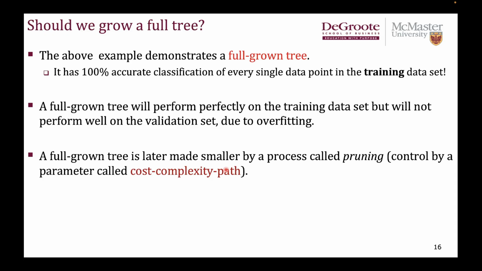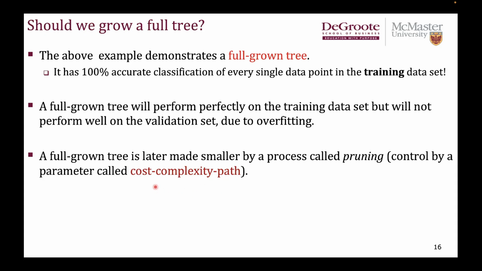Sometimes when I actually get a tree after a certain branching or splitting process, I may go back to prune that tree, to cut off some of the branches to make the tree smaller. And this is another strategy that prevents us from getting a full tree, because full trees typically will have overfitting problems. Right?